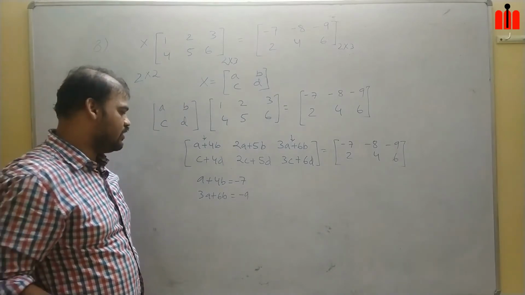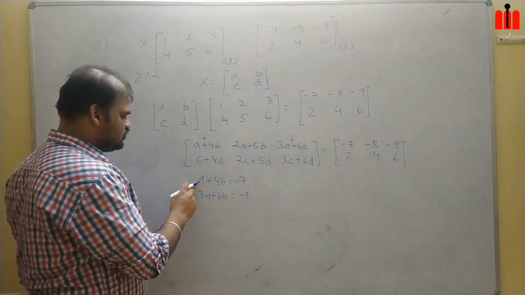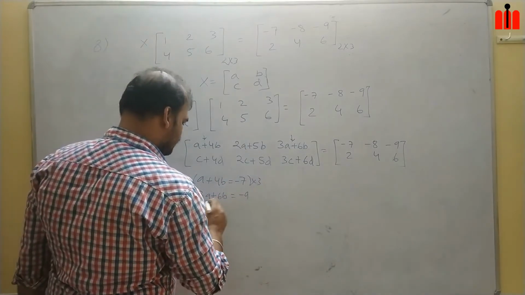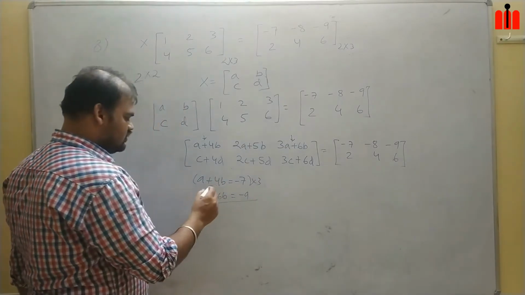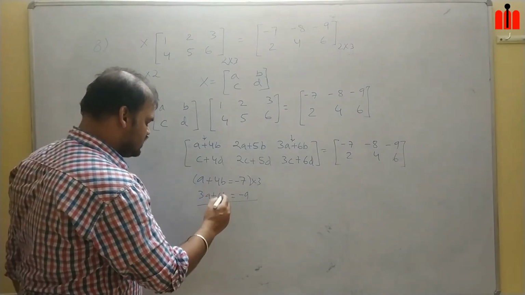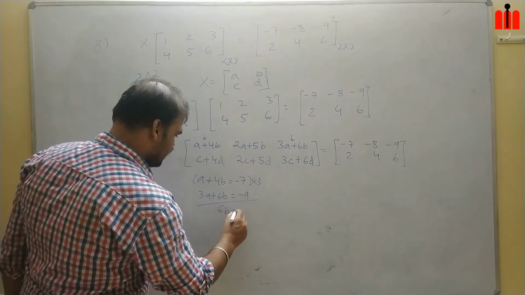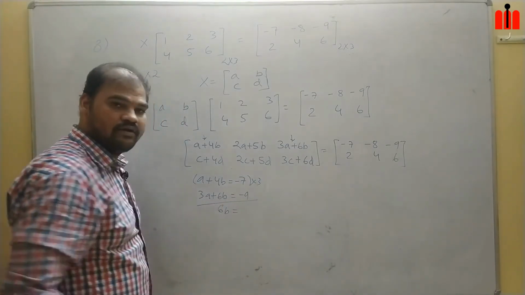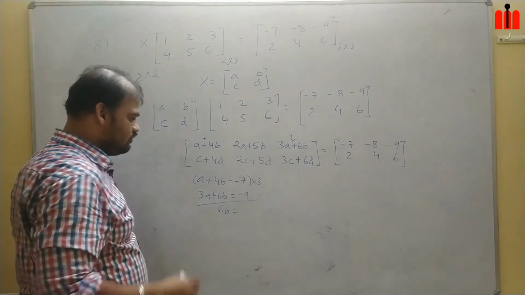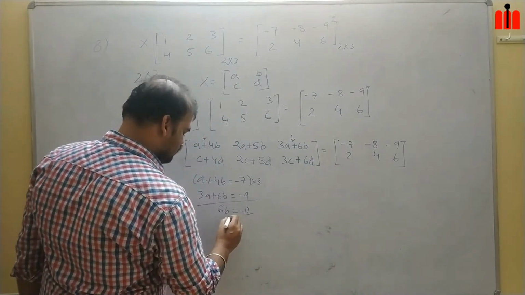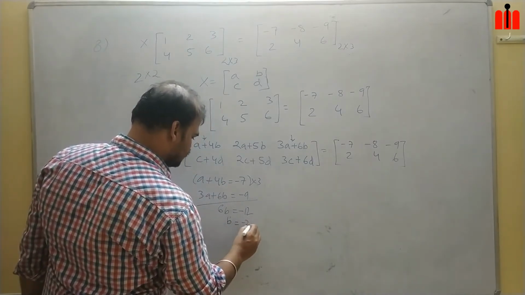Now I need to solve these two, so I will multiply the first by 3. So I will get 3a plus 12b equal to minus 21. After that I will subtract, so 12 minus 6 is 6b, equal to minus 21 plus 9, so you will get minus 12. So b equal to minus 2.